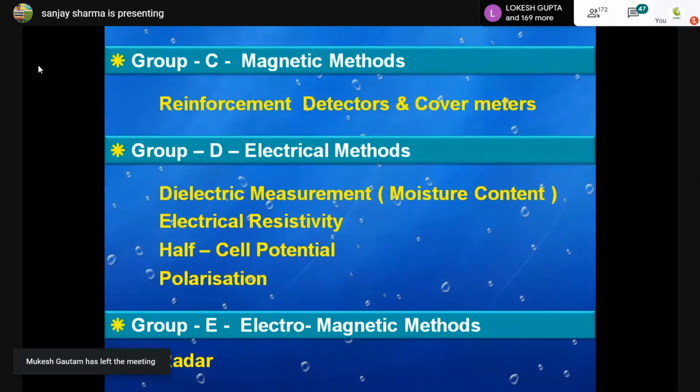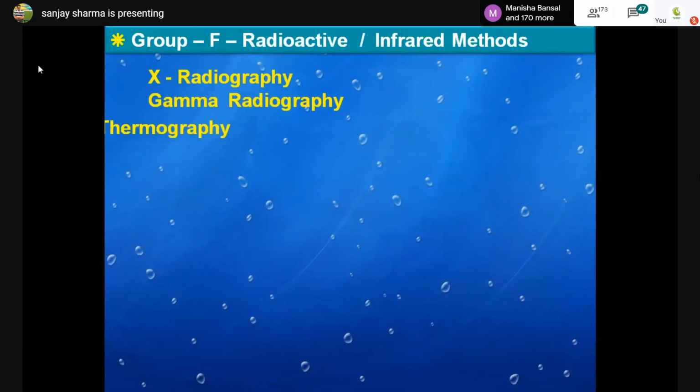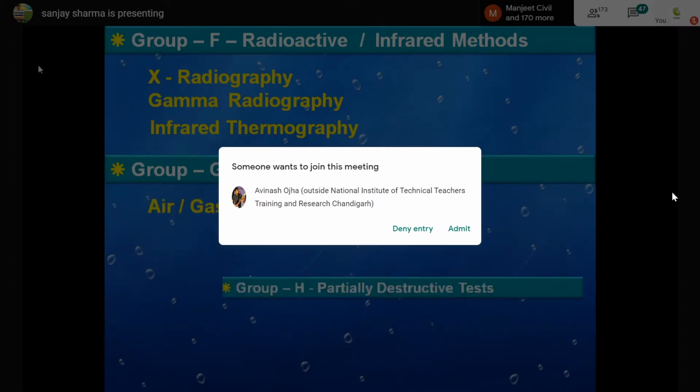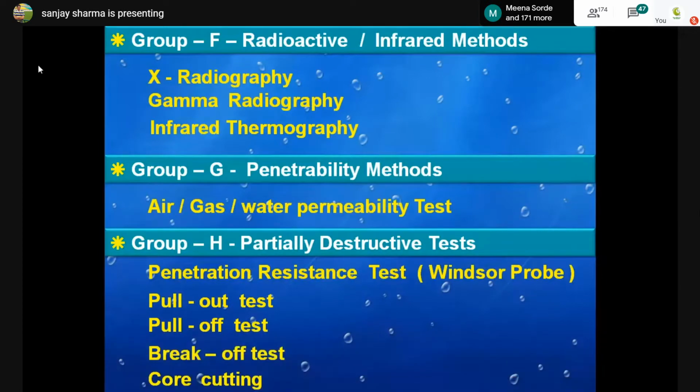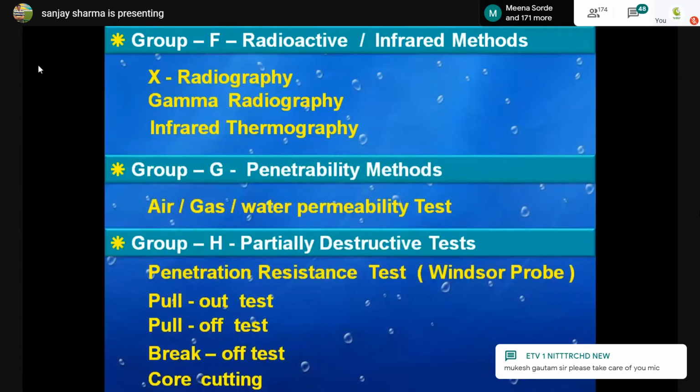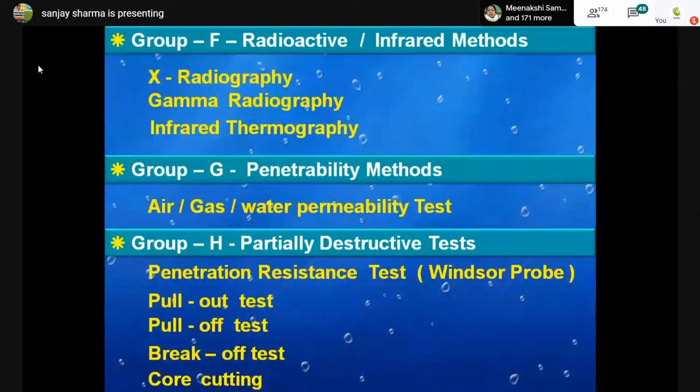Group B consists of the electrical methods, under which the principle of electricity is used, mostly moisture content measurement, electrical resistivity, half cell potentiometer, etc. Then the electromagnetic methods, under which radar comes, and then the radioactive methods, under which you have X-rays, gamma radiography, infrared thermography, etc. Then permeability methods, where air, gas, and water permeability tests can be performed.